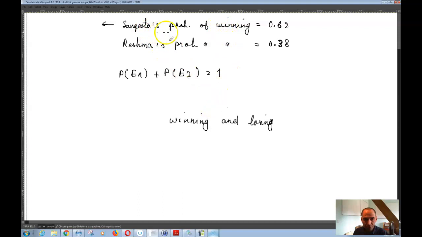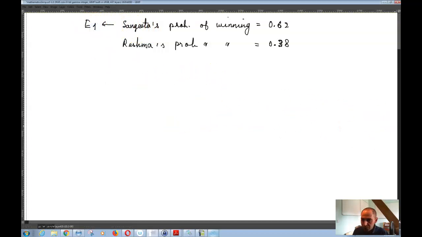So when I say, in a tennis match, Sangeeta's probability of winning, if I call this event E1, then the complementary event to that event would be Reshma losing.